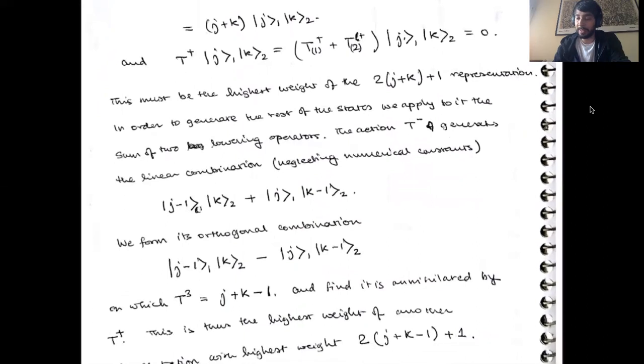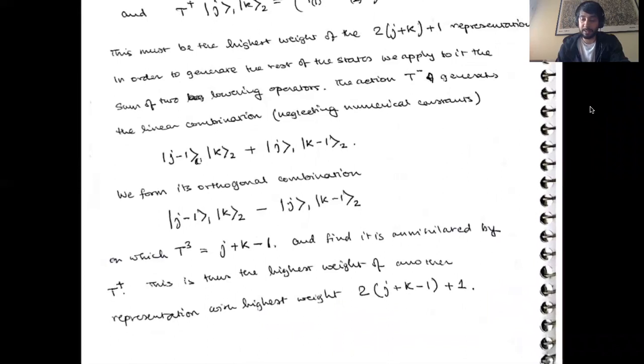Now we can form its orthogonal combination, where the sign is flipped, on which, if you act with T3, this is going to be J plus K minus 1. And we can find that this is actually annihilated by T plus. So this is then just the highest weight of another representation, where the highest weight is now J plus K minus 1, that is, dimension 2(J plus K minus 1) plus 1.